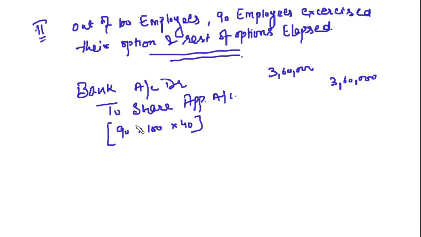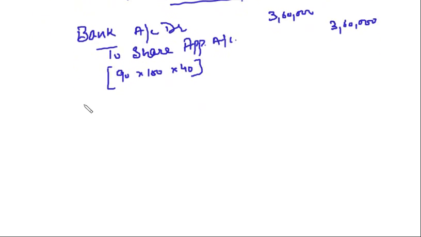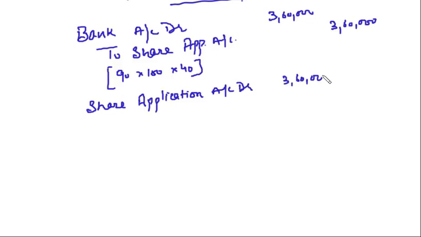Right? Now at the time of allotment, this share application will be transferred to share capital. Share application account debit 3,60,000 to share capital. How much amount will be transferred to share capital?